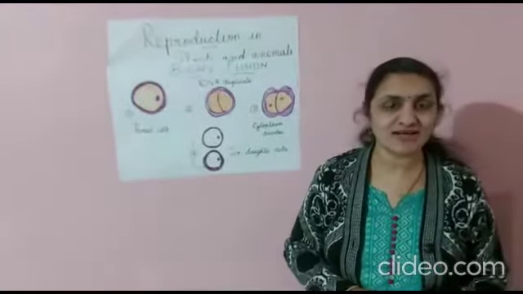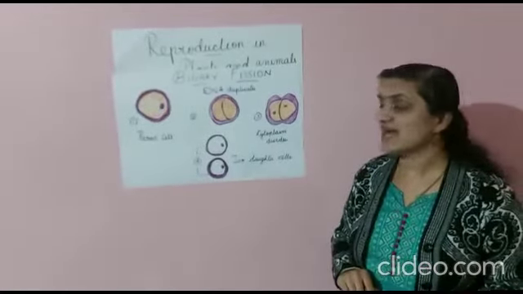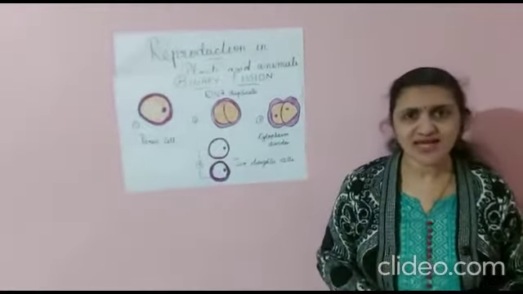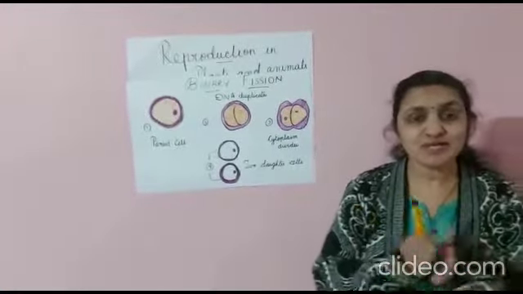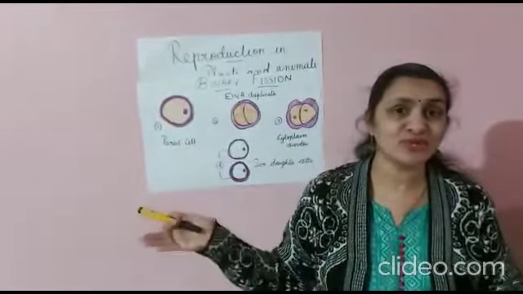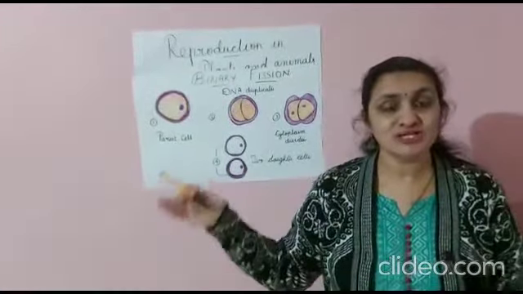An example of binary fission is amoeba. Next we have multiple fission. In this, the unicellular organism develops into many nuclei, and it splits into many daughter cells.